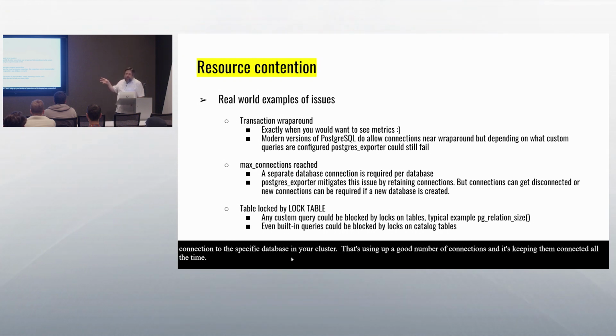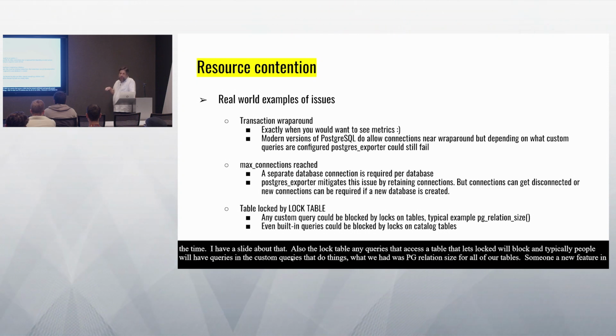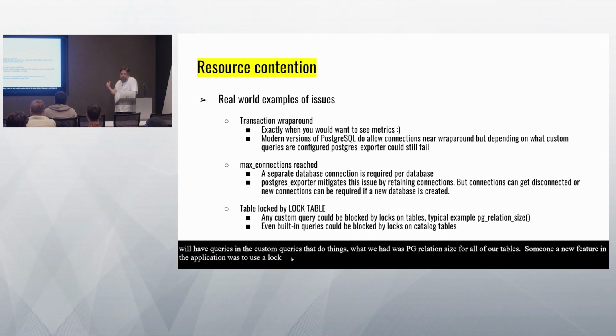Also lock table: any queries that access a table that's locked will block, and typically people will have queries in the custom queries that do things. What we had was pg_relation_size for all our tables. Well, a new feature in the application was using a lock table on a zero size table as a semaphore to serialize part of the application.